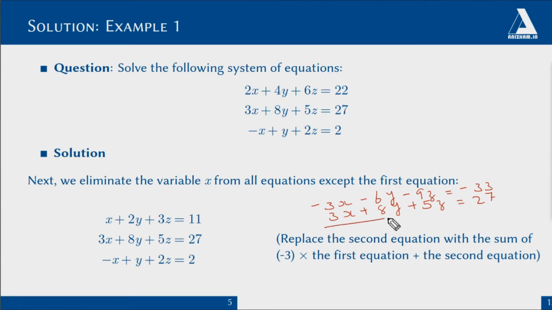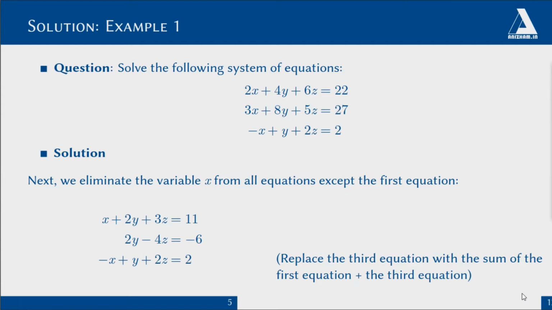If we add these 2 equations together, what we will get is minus 3x plus 3x, that is 0, plus 8y minus 6y, that is 2y, minus 9z plus 5z, that is minus 4z, and minus 33 plus 27, that is minus 6. So in this equation, the term of x is eliminated.